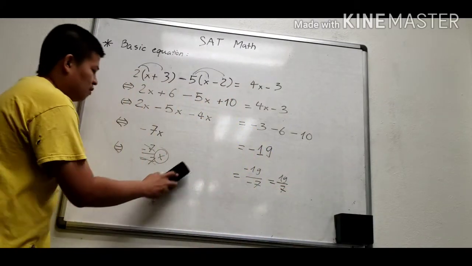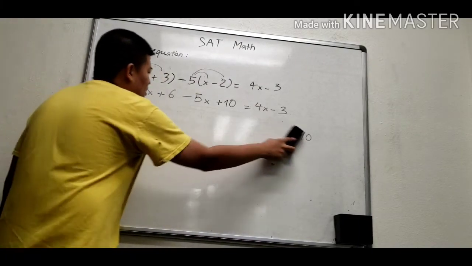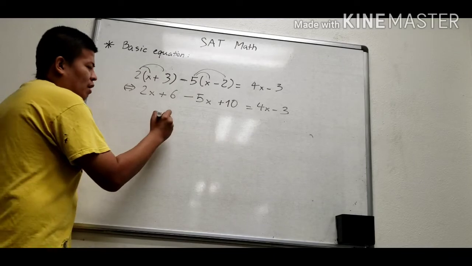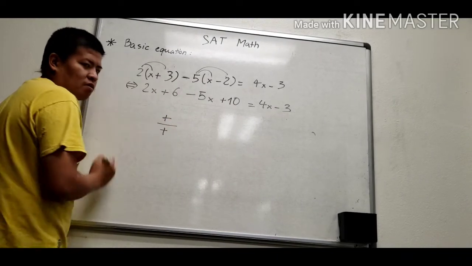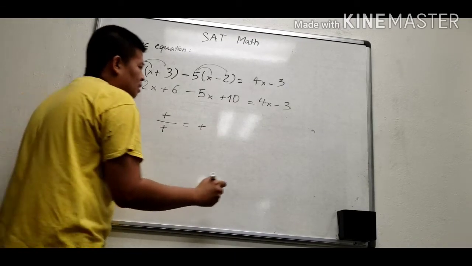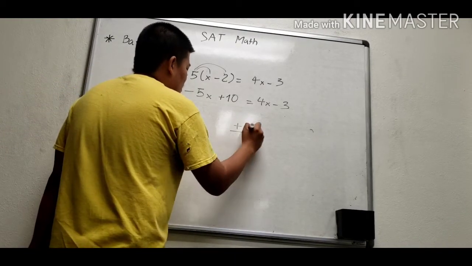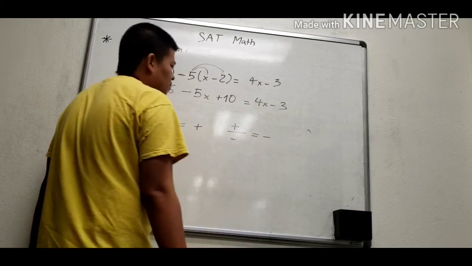So from the division of the minus number and positive number, when we have the positive divided by the positive, they will provide a positive number. The positive divided by the negative, they will become the negative.